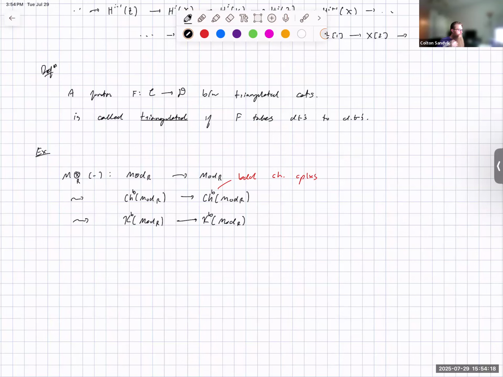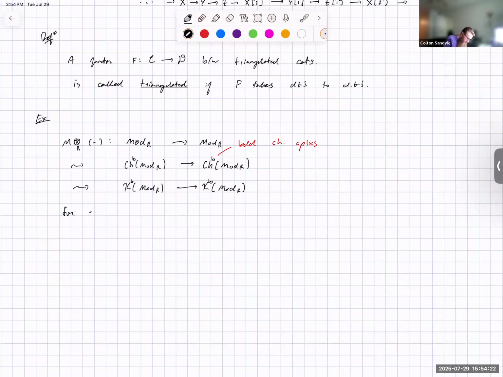Okay. So what we can then do is, for every chain complex, we can find a chain complex P which is quasi-isomorphic to it, such that P is a chain complex of projective modules.